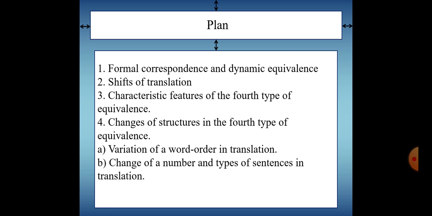Third, characteristic features of the fourth type of equivalence. Fourth, changes of structures in the fourth type of equivalence. This point has 2 subpoints. Point A, variation of a word order in translation, and point B, change of a number and types of sentences in translation.